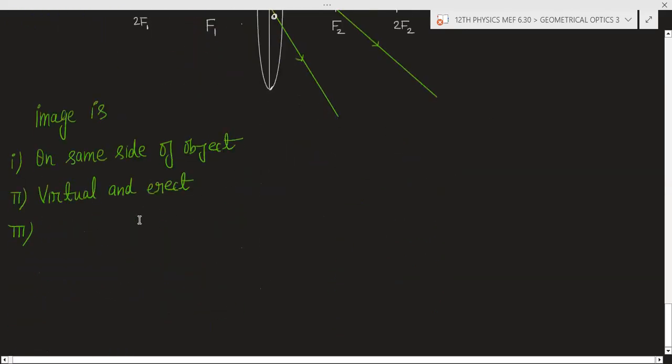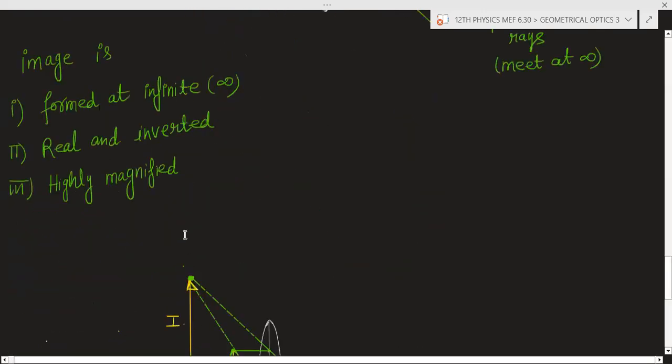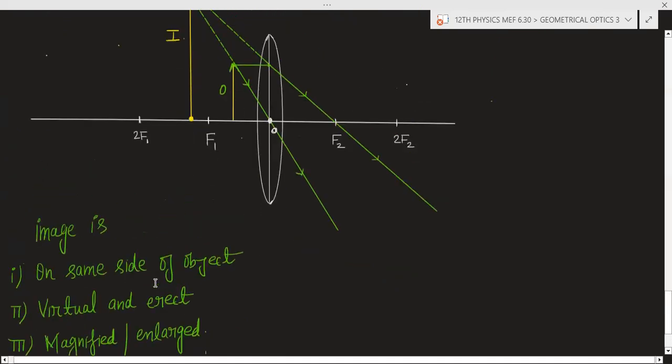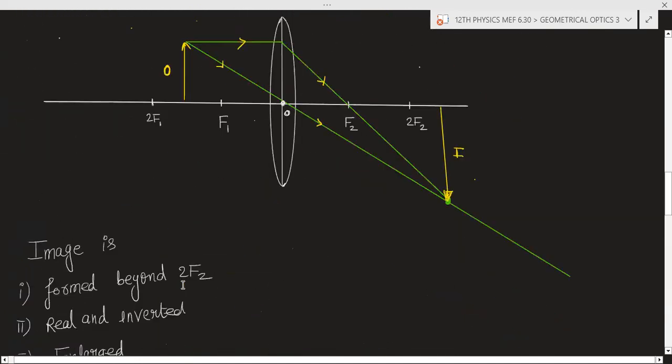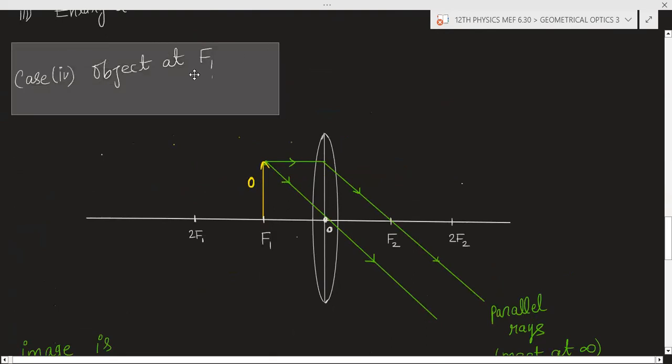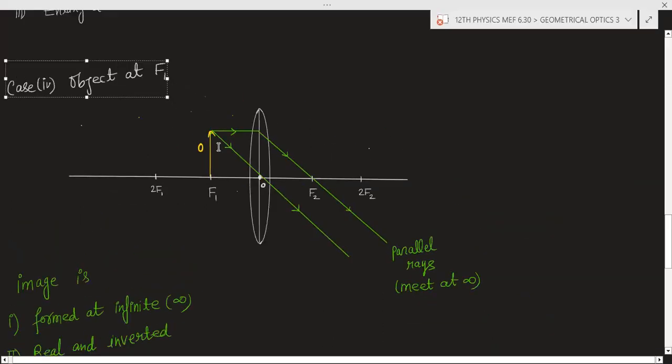So you can write: image will be magnified or enlarged. Okay, take the screenshots.